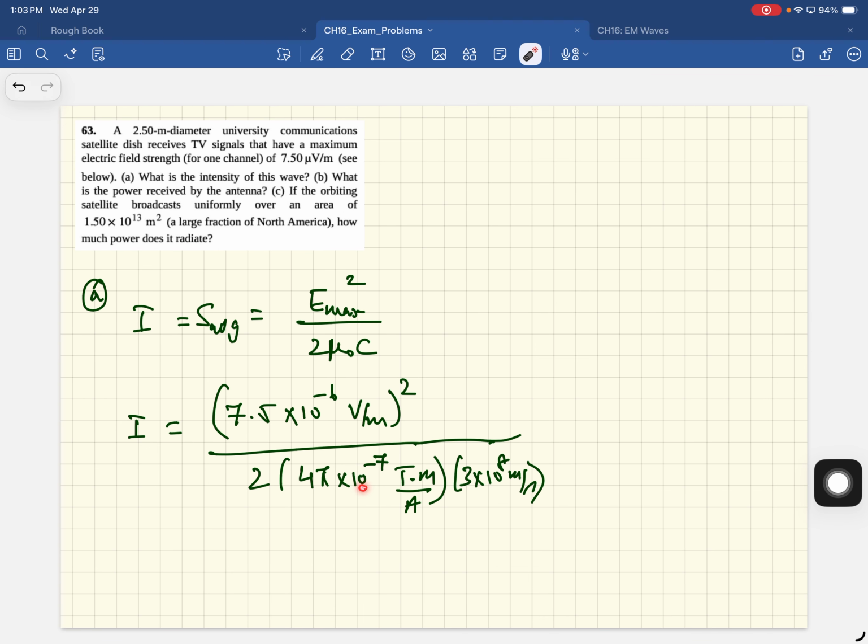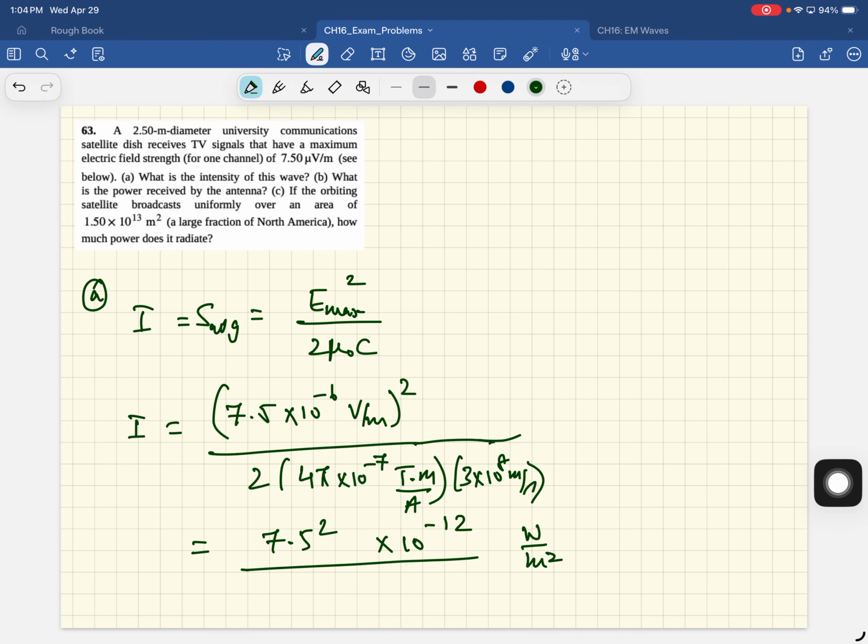So that will make 8 pi times 30. This is equal to, in the numerator, 7.5 squared into 10 to the power minus 12, and this is intensity, so it'll be watts per meter square, and in the denominator you have 8 pi into 30. All right, so this intensity will work out too.